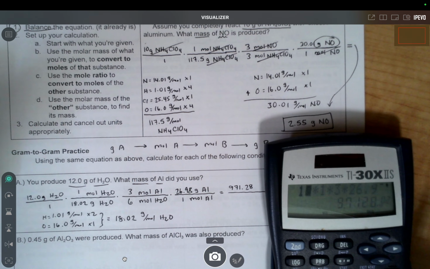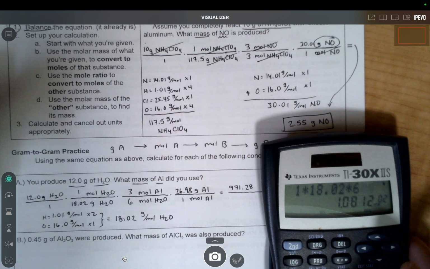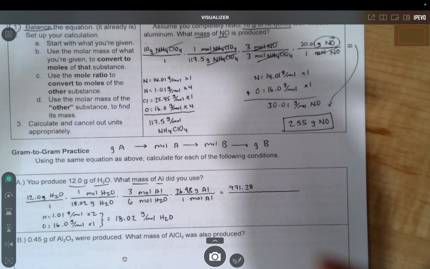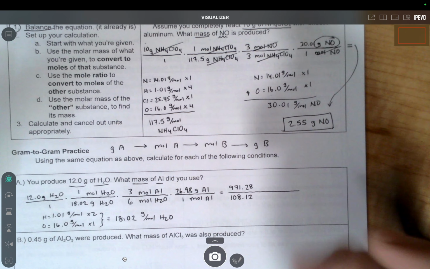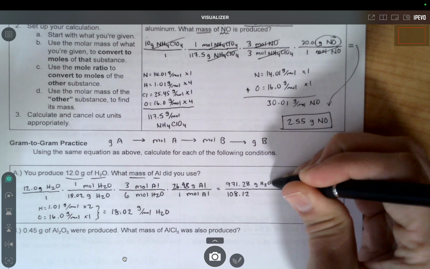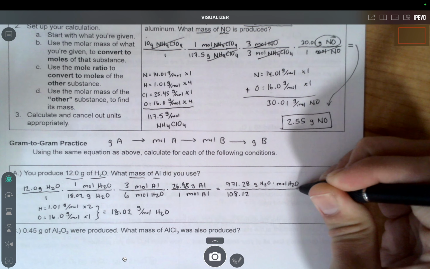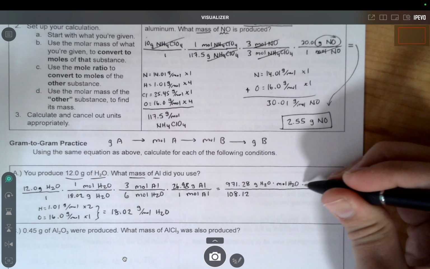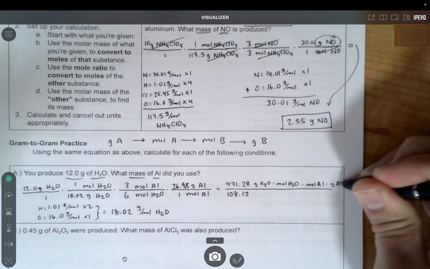In the denominator, 1 times 18.02 times 6 equals 108.12. Now let's bring our units with us. You have grams of H2O times moles of H2O times moles of aluminum times grams of aluminum.